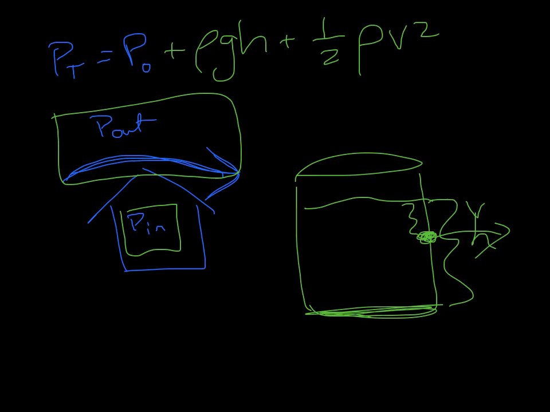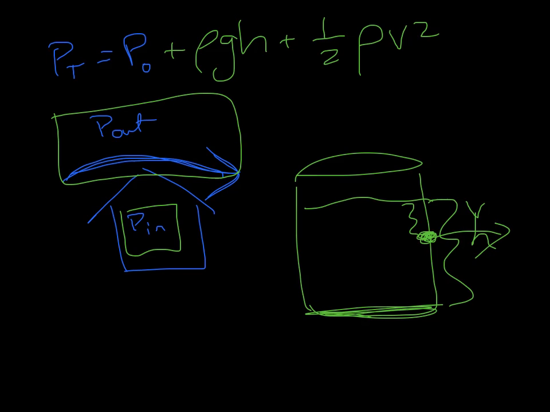If you really look at this, rho is kind of like density, so it's kind of like mass. So mass times gravity times height. What kind of energy is that? That's like potential energy. It has the potential to make the water squirt out. 1/2 rho v squared is like 1/2 mass times velocity squared.